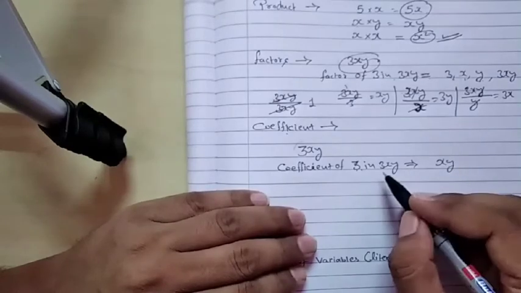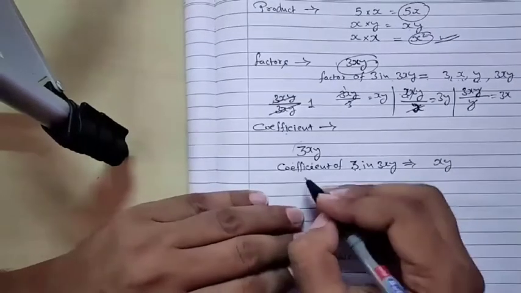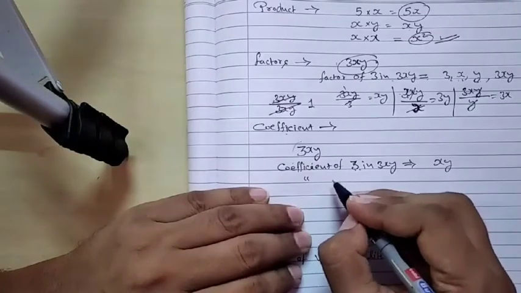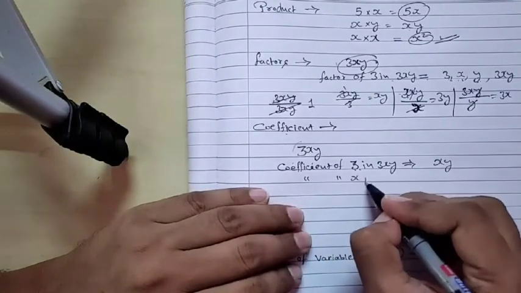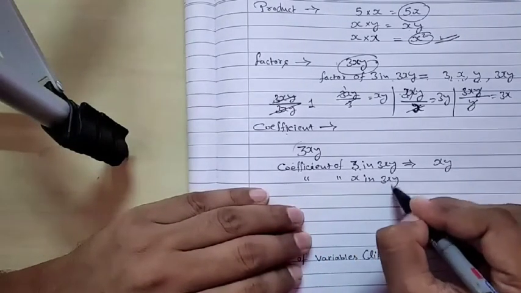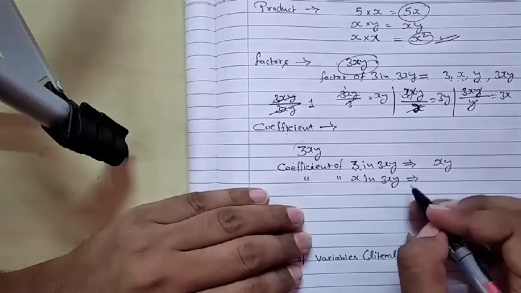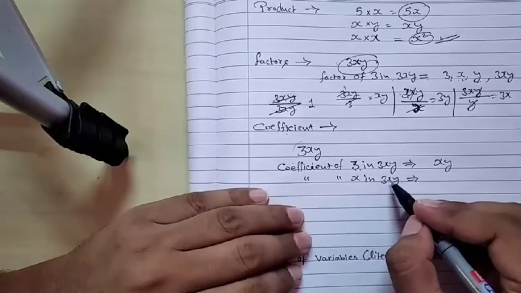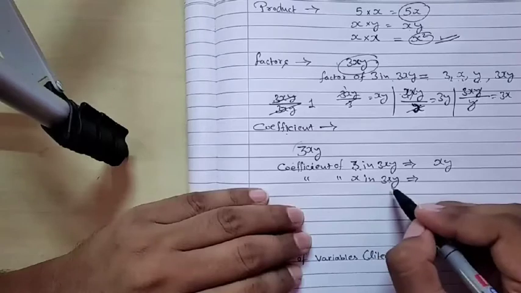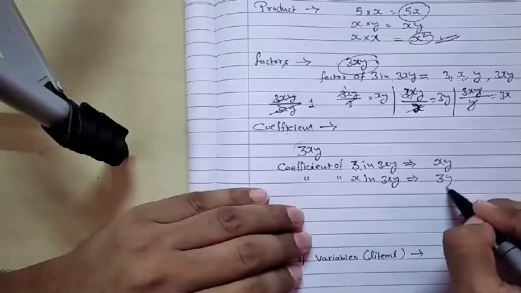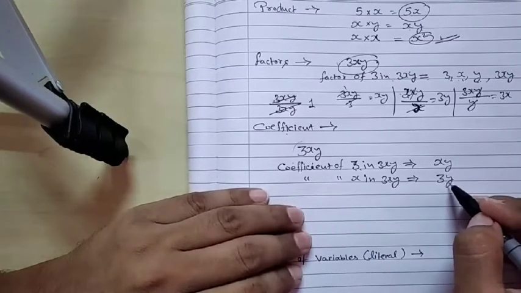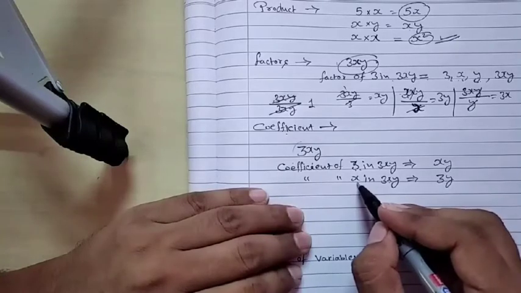So xy is the coefficient of 3. Got it? Similarly, if we have to find the coefficient of x in 3xy, what will it be? 3 and y, meaning 3y. 3y will be the coefficient of x.